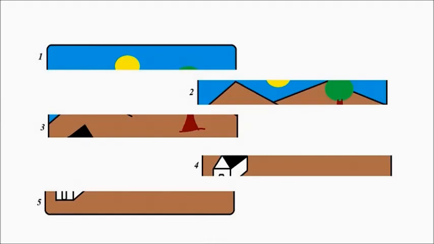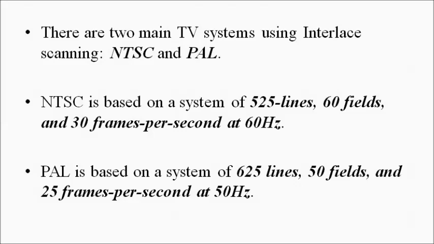There are two main TV systems that use interlace scanning, the NTSC and PAL systems. NTSC is based on a system of 525 lines, 60 fields and 30 frames per second. The field frequency is 60 Hertz, and the repetition is 30 frames per second.